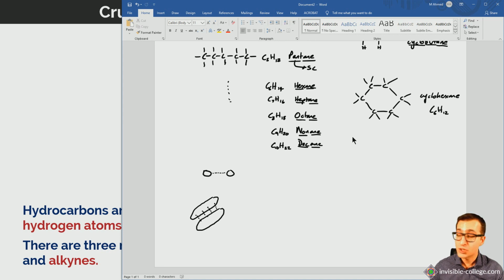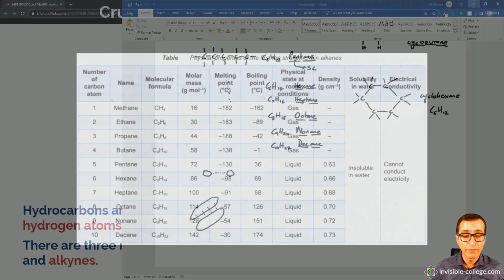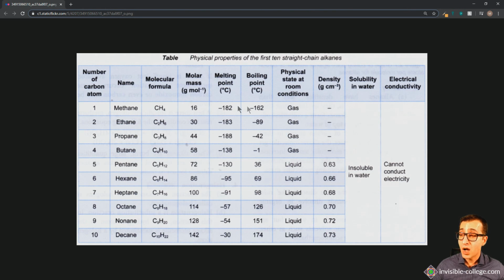This means that more energy is required to overcome those forces during melting and boiling, and so pentane melts and boils at a higher temperature than methane does. So the larger the molecules get, in general, the stronger the intermolecular forces become, and therefore the higher the melting and boiling points become.